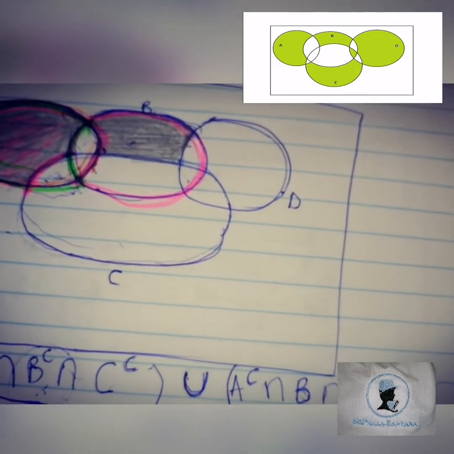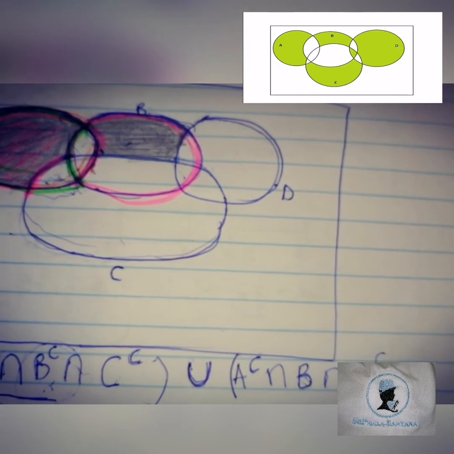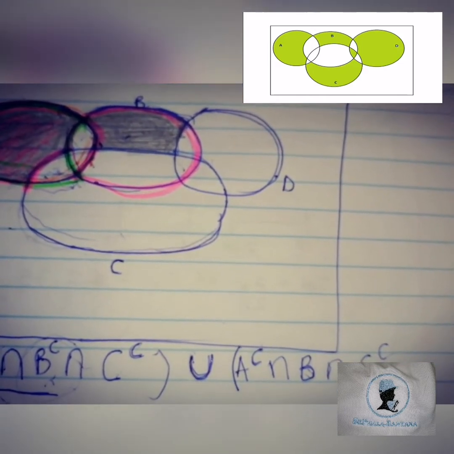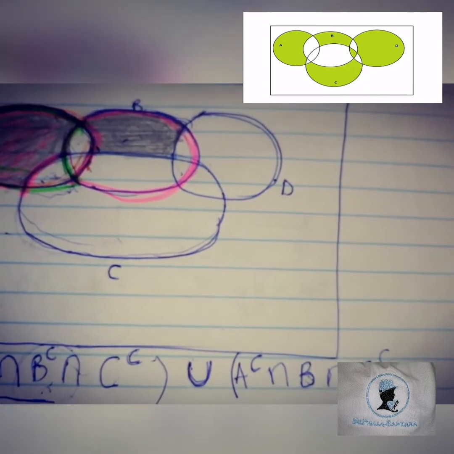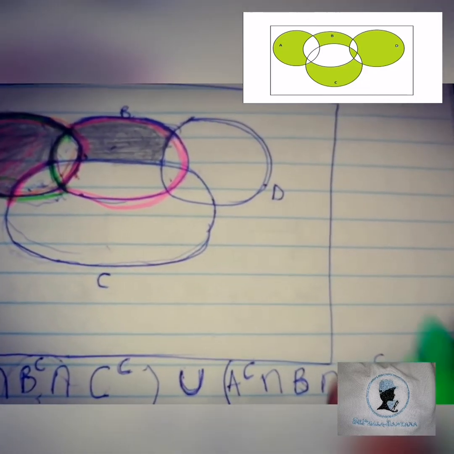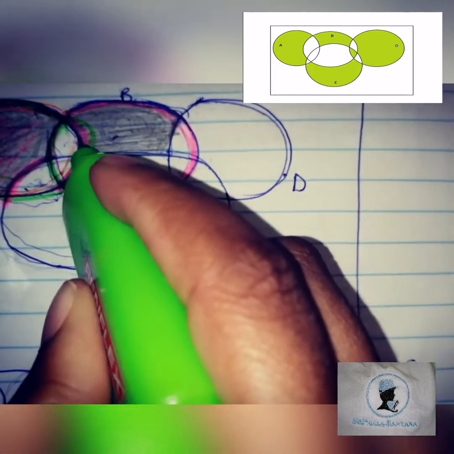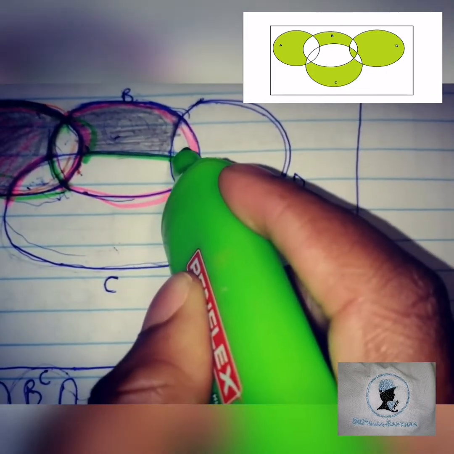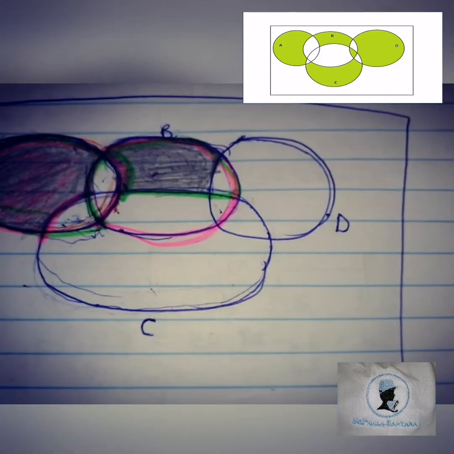So where A complement intersect B and intersects C complement, excuse me, it's going to be this part now, the green part. You see the green part.